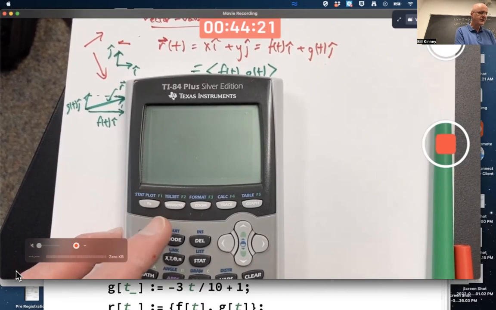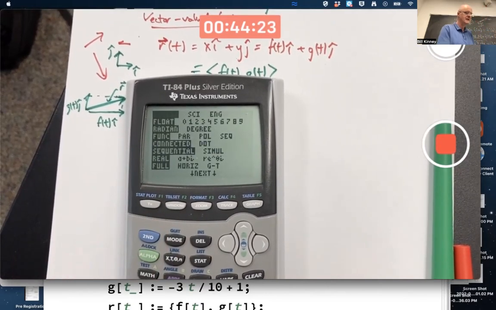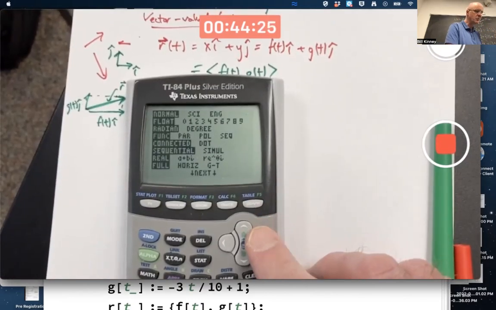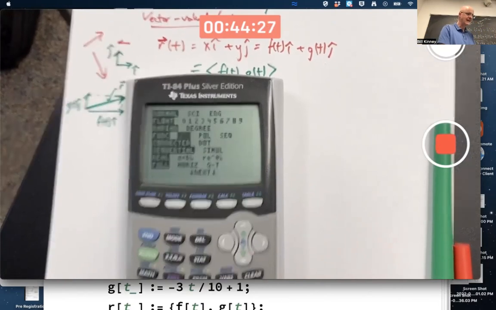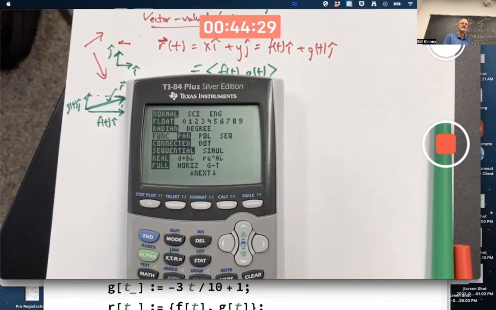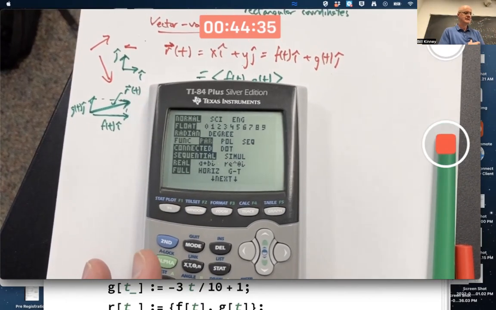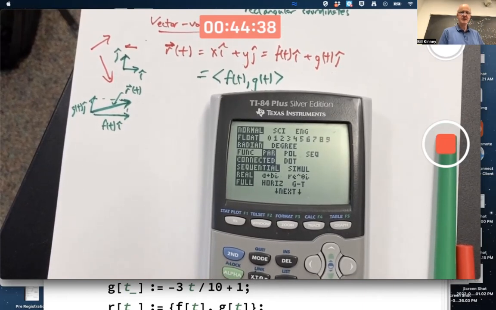Parametric mode in your calculator: if you go to the mode screen, switch from func to par, like that. That's on my mode screen. Maybe yours looks different, but you should see an option for function versus parametric, func versus par.